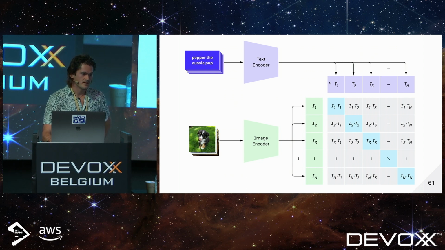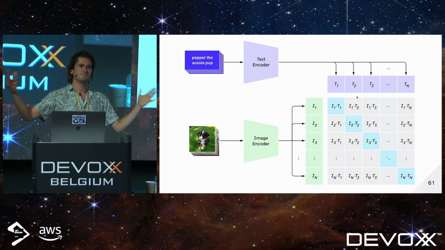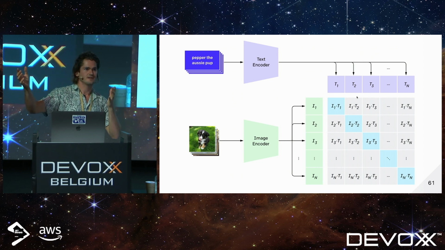T1 is the latent representation of the text Pepper the Aussie pup, and I1 is the latent representation of Pepper the Aussie pup going through the image encoder. They use a loss function that encourages similarity between these two. So I1 and T1 should be similar, and then I1 and T2 should not be similar. So you train it to have positive and negative pairs, if that makes sense.